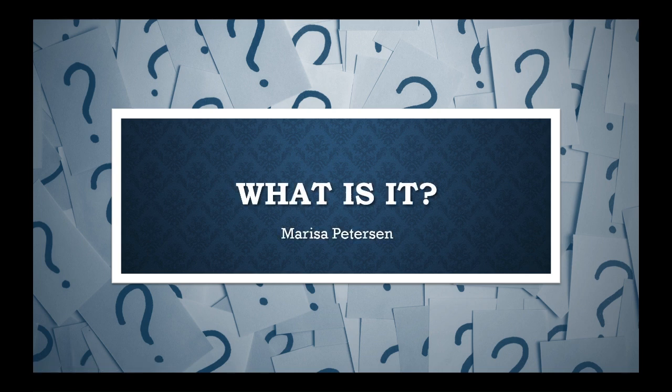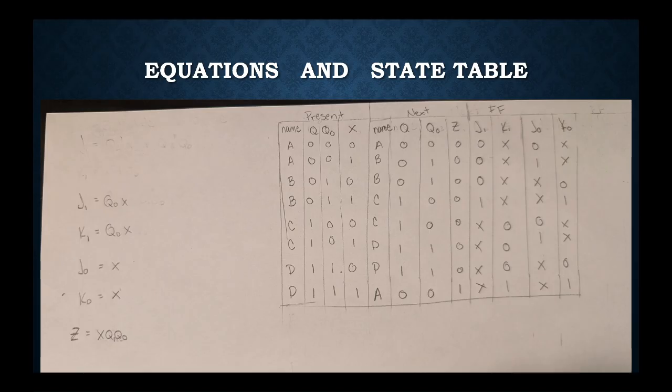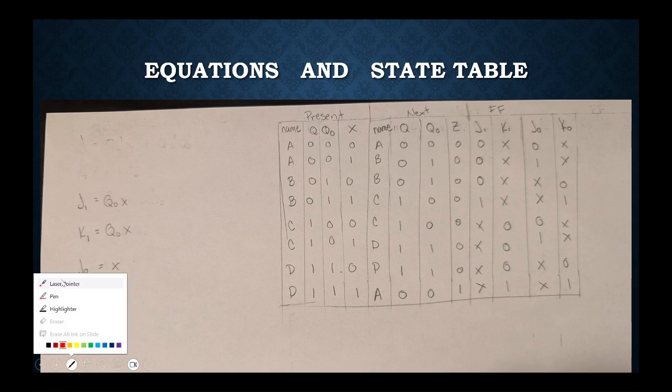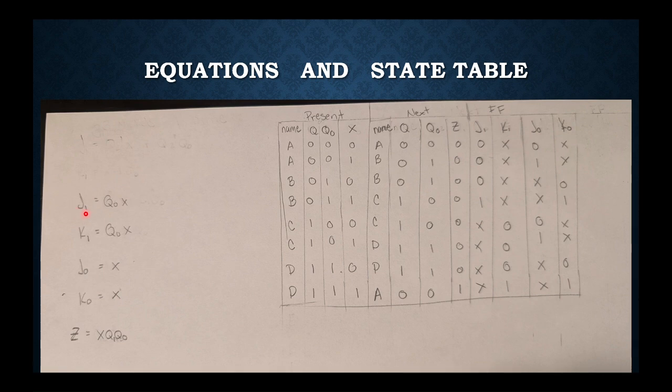Alright, so what is it? We discovered that it was a Mealy circuit. So the output is directly related to the present state and that input. So next we have our equations over here. So we have J1 and Q0x, and that's the same for our K1.